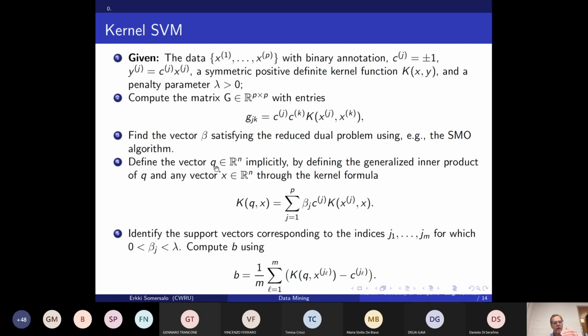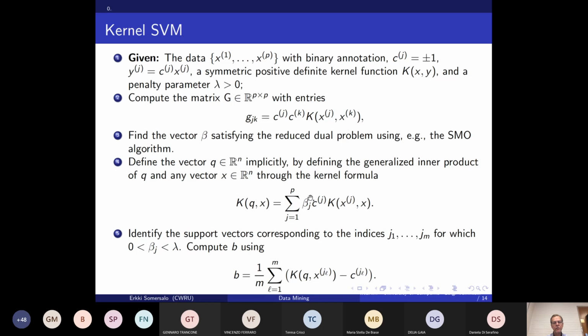Remember, when we did classification, we were only calculating inner products with the unknown x and q. So we define a substitute for q by saying that we only need to define how q acts through the inner product in the feature space. Well, it acts through the kernel matrix qx.